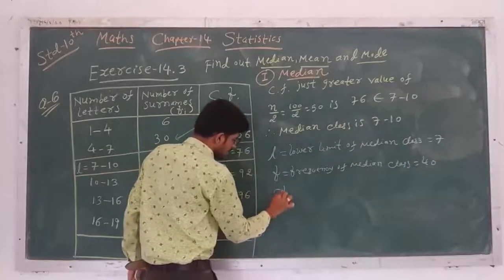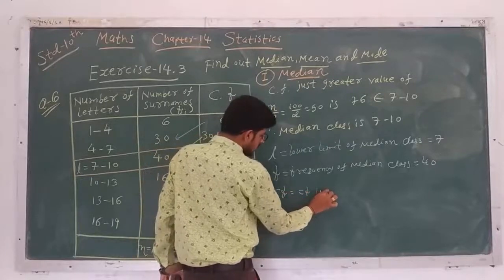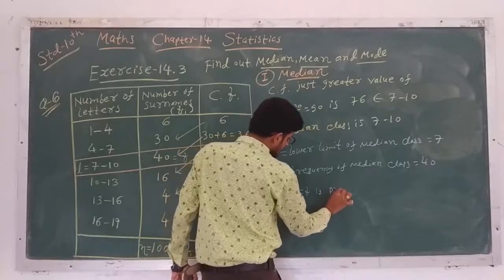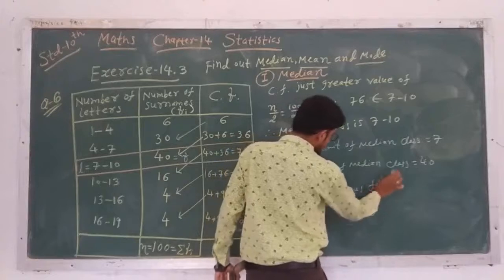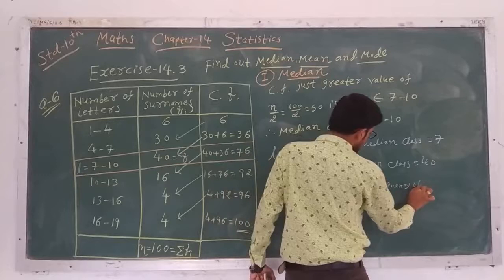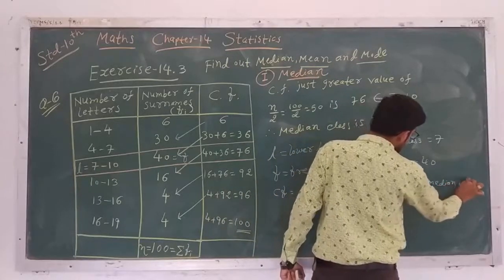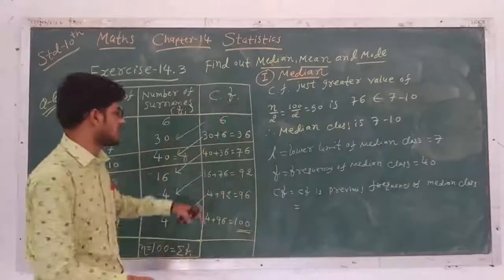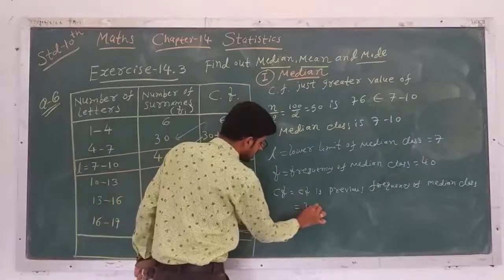CF: CF is the cumulative frequency of the class previous to the median class. So the previous cumulative frequency is 36. So CF is equal to 36.